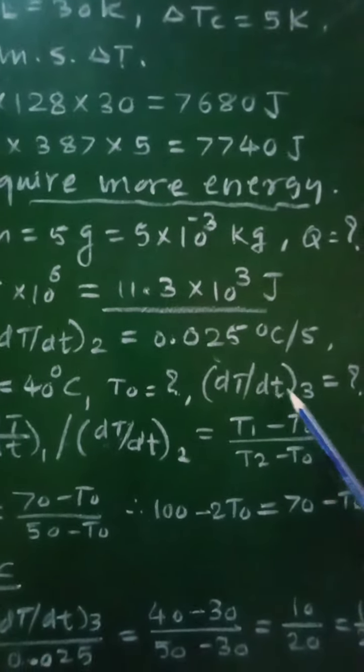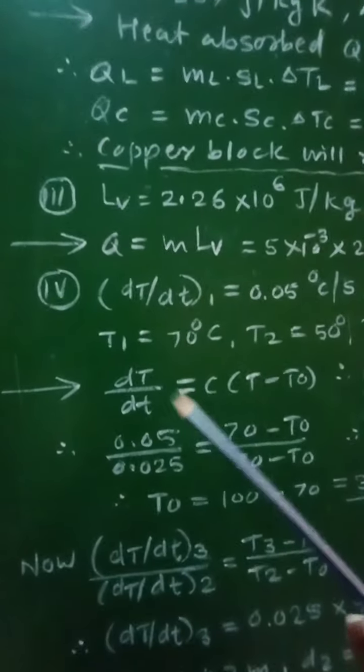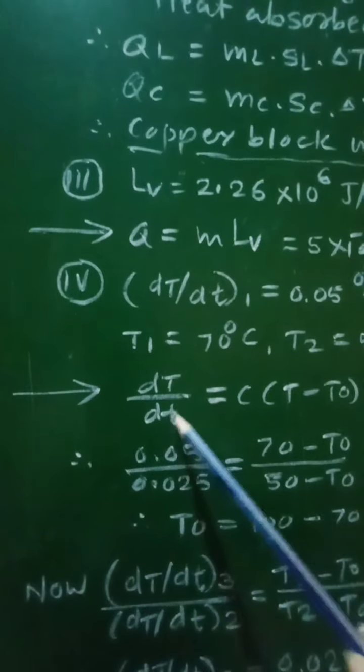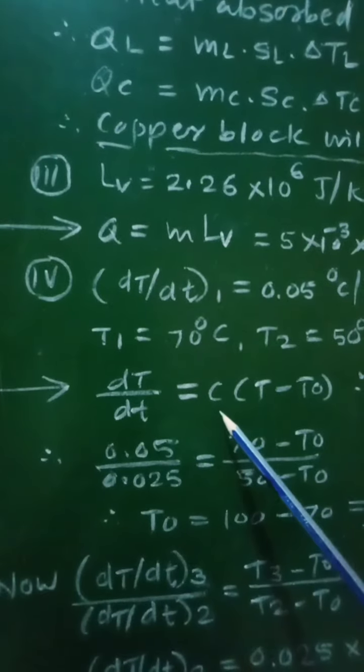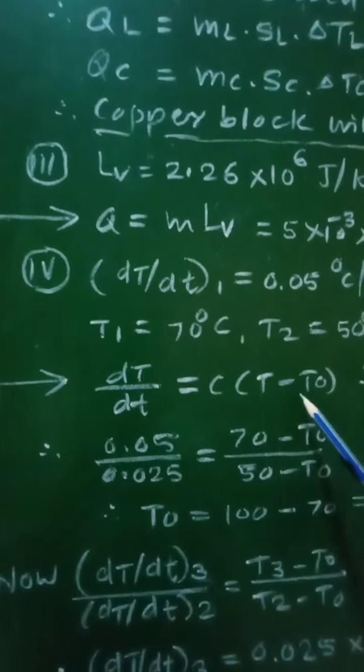And we have to find out temperature T0, that is the temperature of the surrounding, and third rate of cooling, that is dT by dt3. So according to Newton's law of cooling, we have the formula dT by dt is equal to C into T minus T0, where C is a constant.